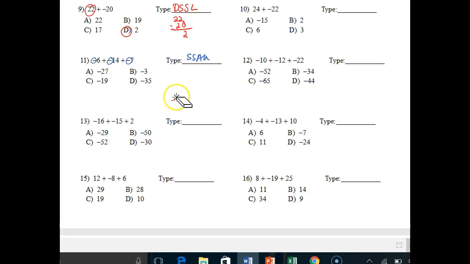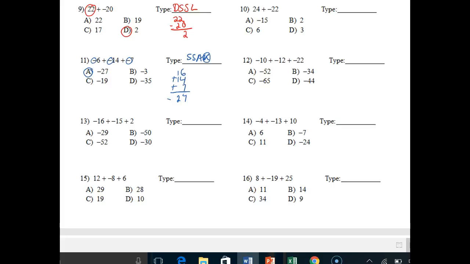I'm literally going to add up all those numbers and remember to keep my negative sign, right? So I can say 6 plus 14 plus 7. Well, 6 plus 14 is 20, or I could do 6 plus 4 is 10, plus 7 is 17. Carry that, I'll get 27. Keep the negative sign. That's how I get negative 27.